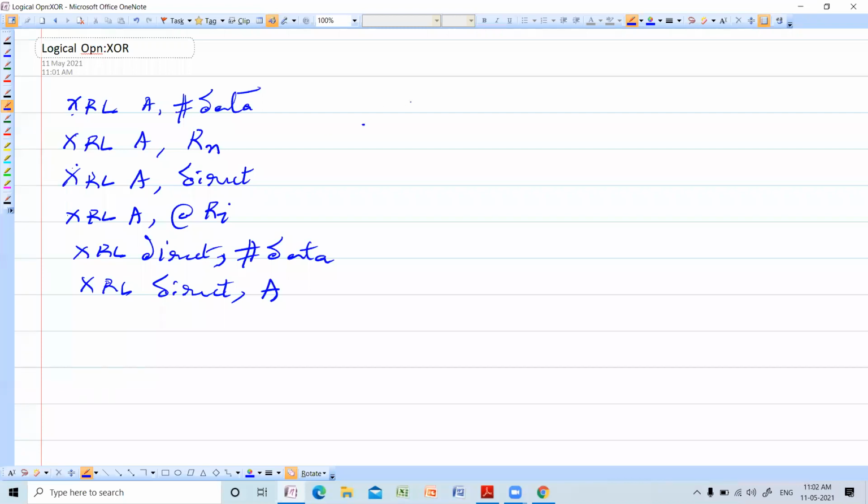Very interesting. Suppose the accumulator is having some data, 35.